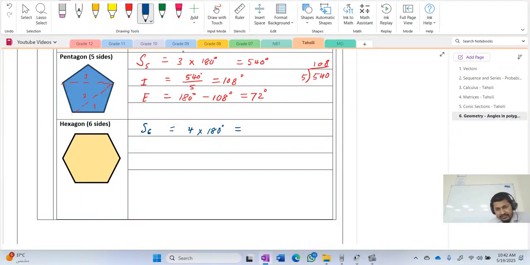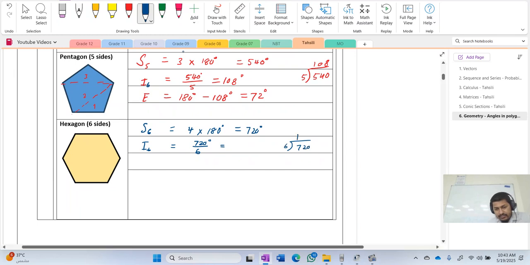Each interior angle of a hexagon, you can call it I6, so we divide by 6: 720 divided by 6. 6 goes into 7 one time, 6 goes into 12 two times, so it's 120 degrees. So each angle here is 120.